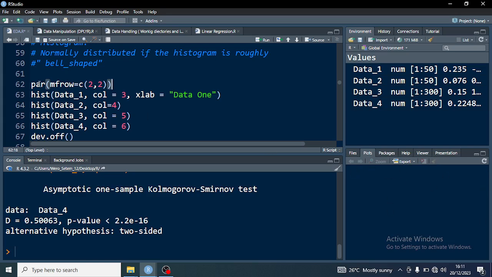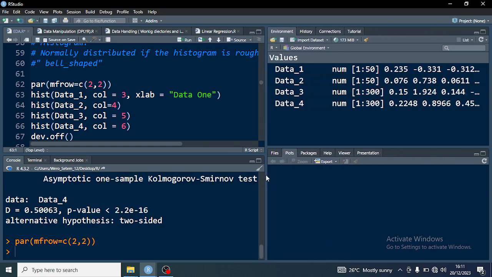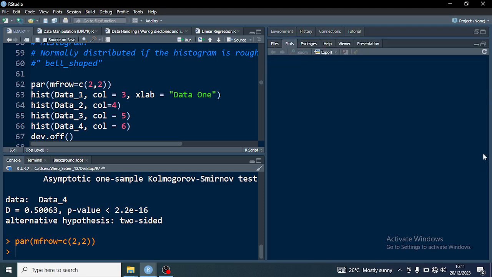So I'm saying par(mfrow = c(2, 2)). So that means 2 rows and 2 columns. Then let me increase this one. Now I'm using the function hist for histogram.